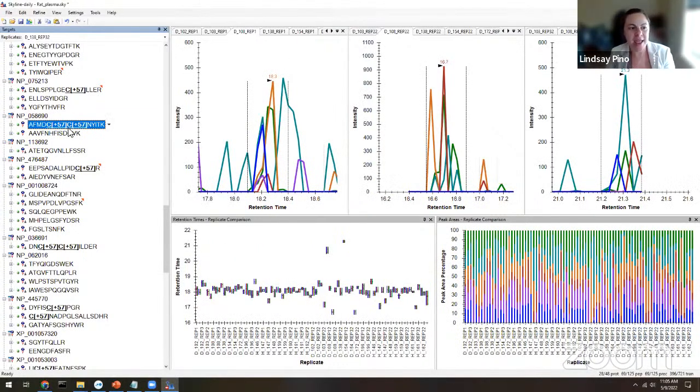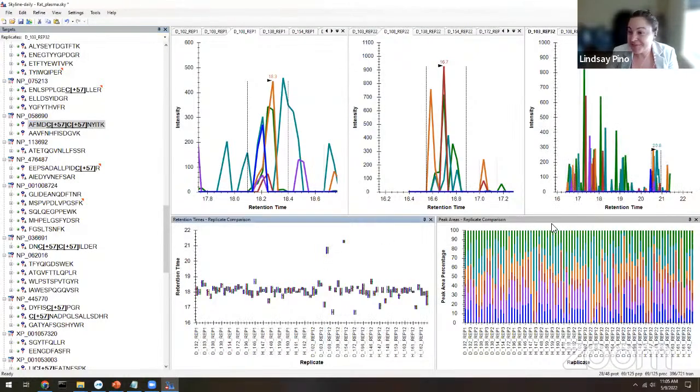So this peptide AFMD just looks awful. The retention time is all over the place and the peak area percentage is all over the place. So trying to decide which of these peptides is correct. It doesn't have a library spectra. How do you know which one is which? You might not, just period, know which one is which.